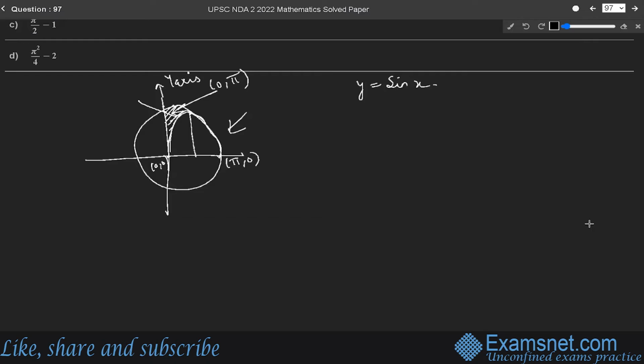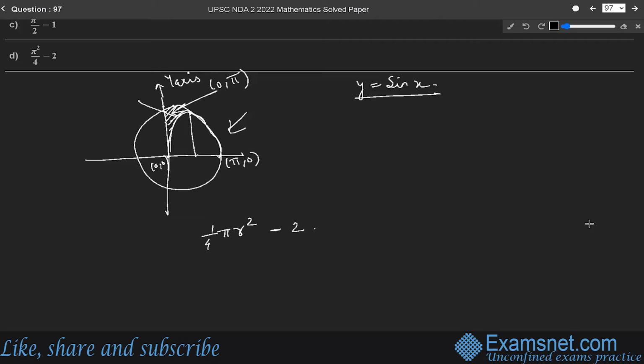So the area of a circle is pi r square, but the area for one quadrant will be 1 by 4 pi r square because a quadrant is 1 by 4th of a circle. Minus, we have to subtract this portion for y is equal to sin x. So for y is equal to sin x, the area will be 2, because we know that for pi by 2 it is 1 and for pi, it will be 2.